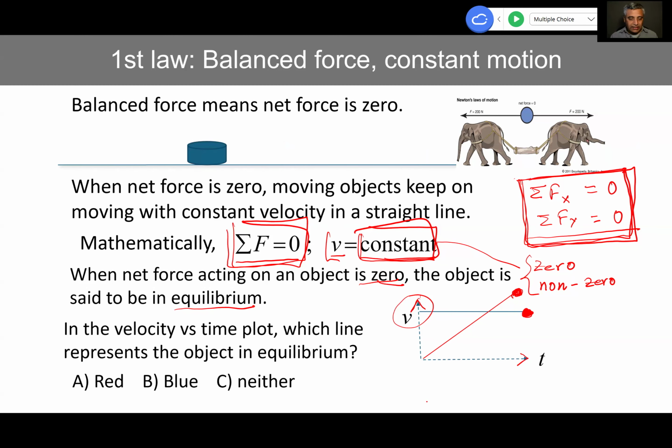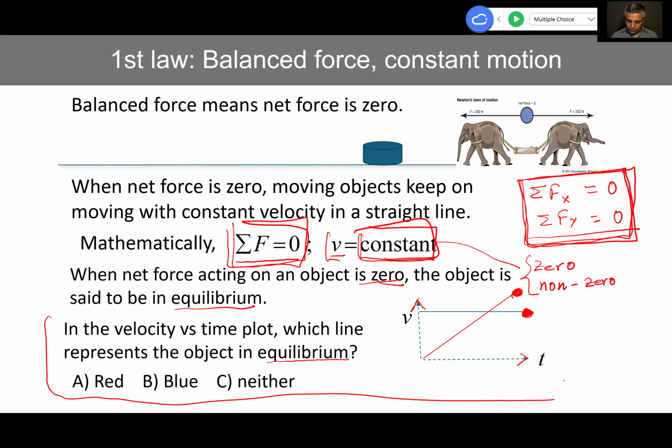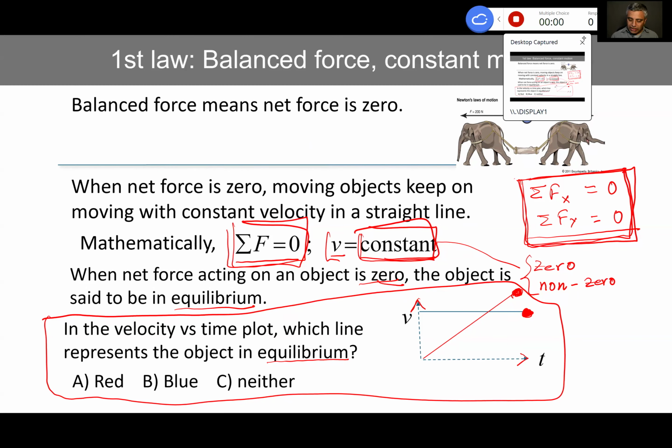So this is a velocity versus time graph, and I am giving you two possible lines saying that the object is in equilibrium. What do we know about velocity when an object is in equilibrium? So here are the choices. You have a minute to answer this question.